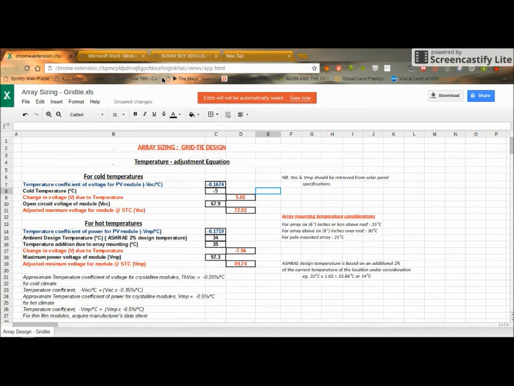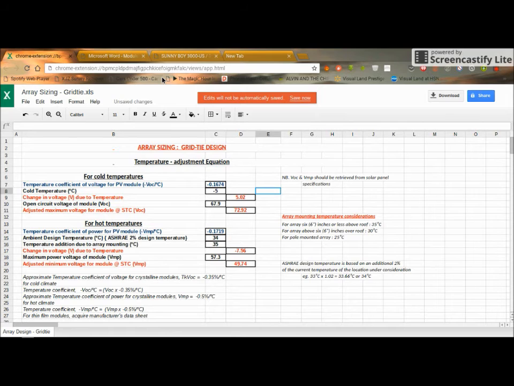And so, unlike our battery-based system, where you have the charge controller that would regulate the amount of energy that is coming from the panels into the inverter, for a grid-tie system, there is no charge controller. It means, therefore, inside the inverter, there is a mechanism that needs to regulate that.